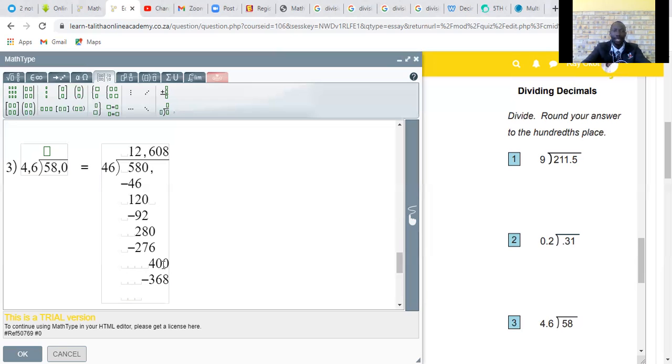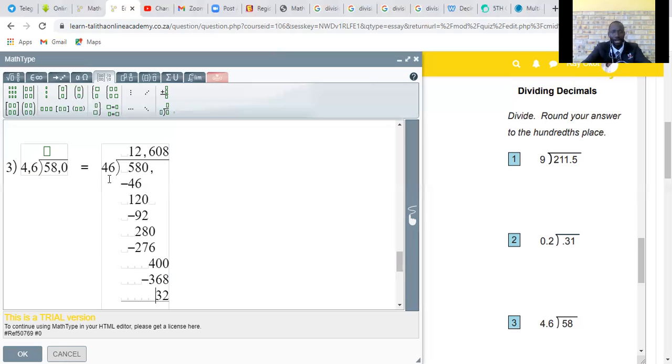We get 32. Yeah, we get 32. Now, this calculation could continue, but we are supposed to stop after 2 decimal places. Okay, so just a quick recap.